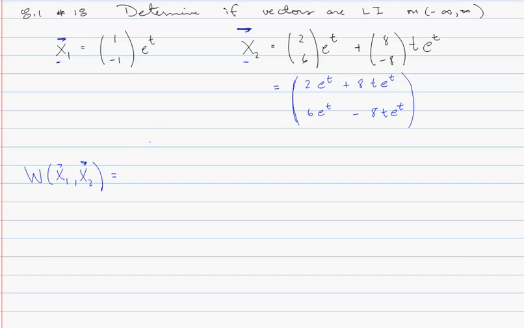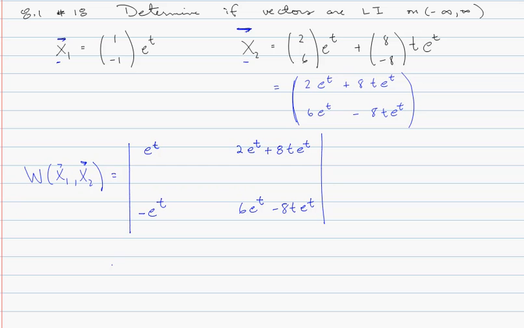Okay, so the Wronskian is then the determinant of, first I'll use x1, which is e^t, −e^t, that's the first column, and then in the second column I'll put x2, and that's 2e^t + 8t e^t, and then 6e^t − 8t e^t.